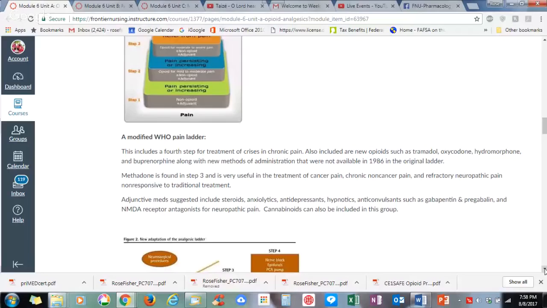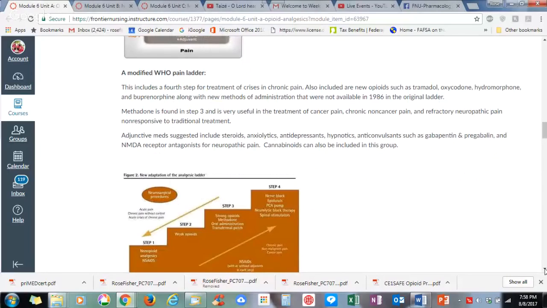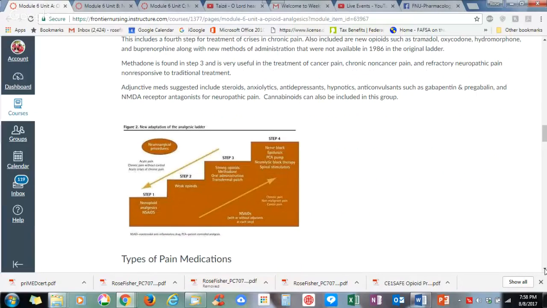A modified WHO pain ladder includes a 4th step of treatment of crises and chronic pain. Also included are new opioids such as tramadol, oxycodone, hydromorphone, and buprenorphine, along with the new methods of administration that were not available in 1986 in the original ladder. Methadone is found in step 3 and is very useful in the treatment of cancer pain, chronic non-cancer pain, and refractory neuropathic pain non-responsive to traditional treatment.